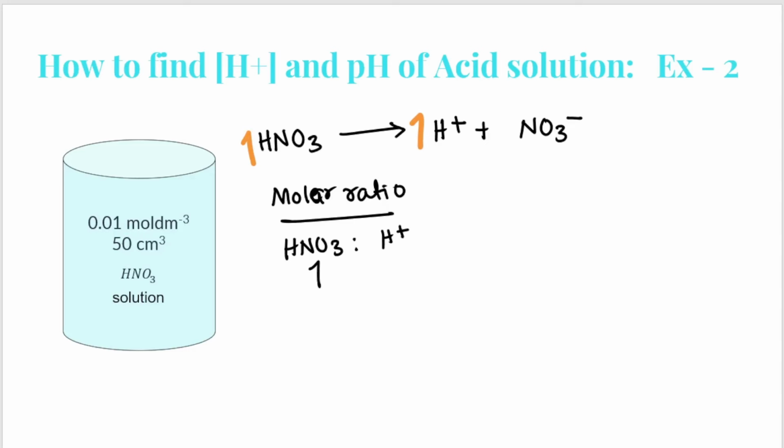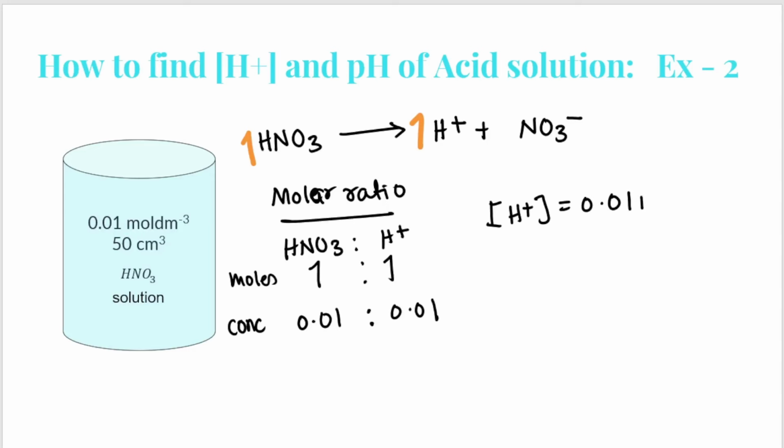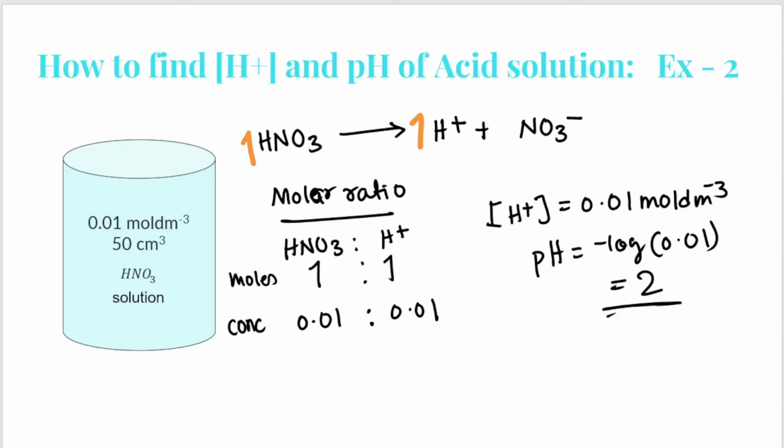Therefore, the concentrations will also have the same ratios. Therefore, 0.01 will be this one's concentration, and hydrogen ion concentration will also be 0.01, causing the same to happen as that of hydrochloric acid solution. And therefore its pH will also equal 2.